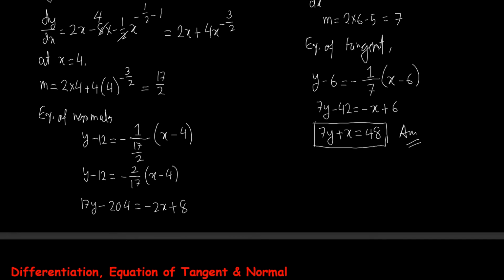So finally we can write our equation, 17y plus 2x equals 204 plus 8, which is 212. So this is the equation of the normal of this curve.